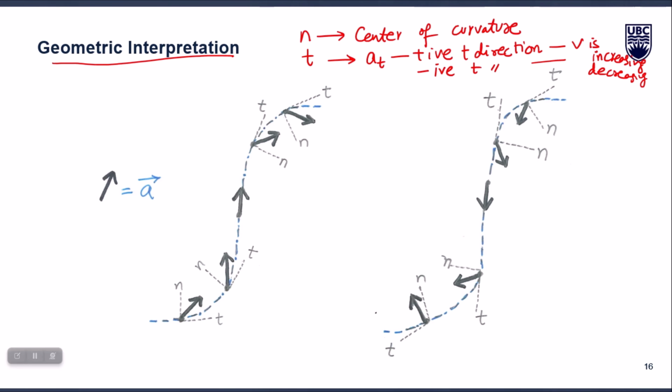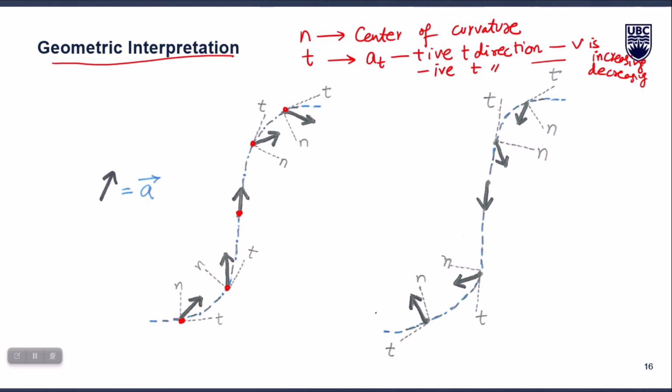So what I did is that in this figure, one particle is moving from this point to this point, then this point, and all along this path, right? And this black arrow shows the acceleration vector at all these points. So at this point the black arrow is in this direction. I can write it as a sum of its t component and n component.